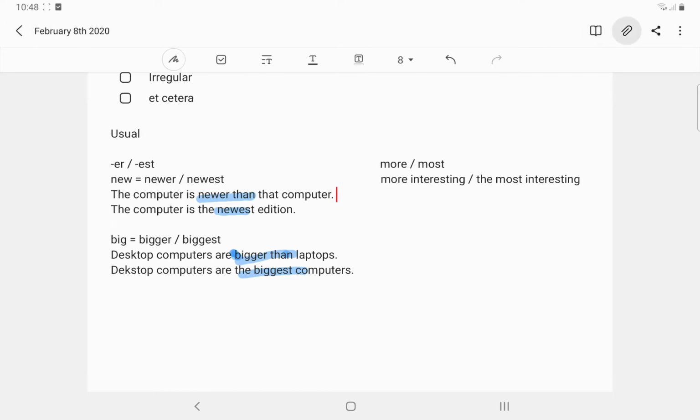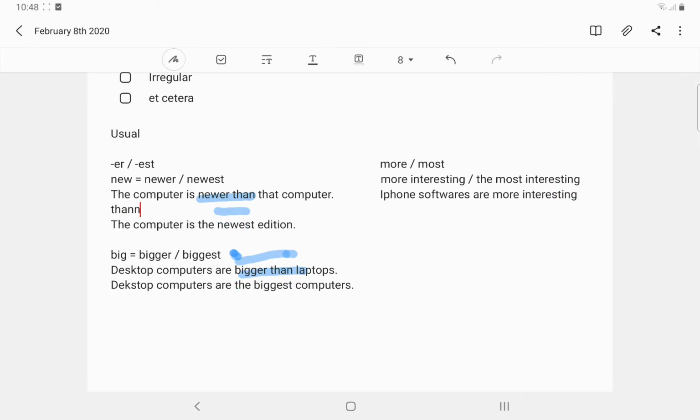So, for instance, iPhone softwares are more interesting than Android software.